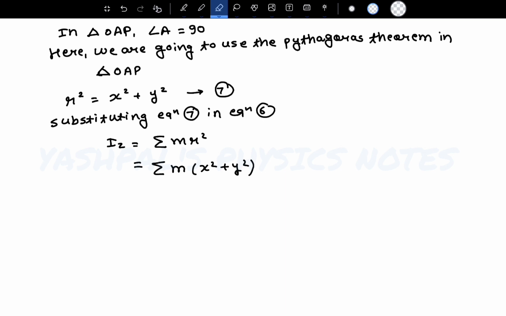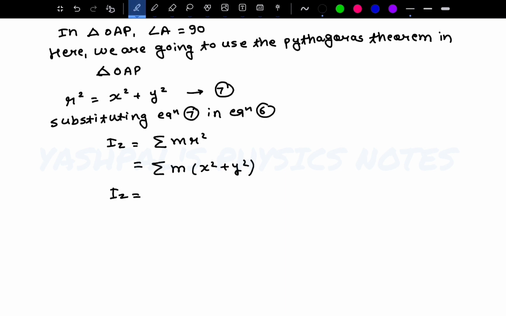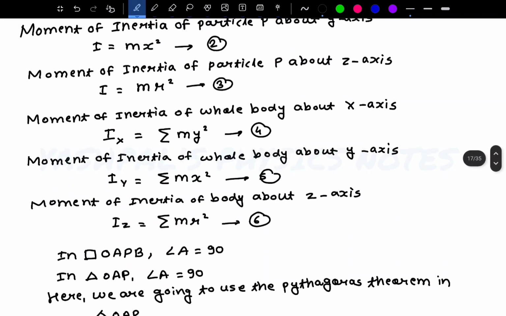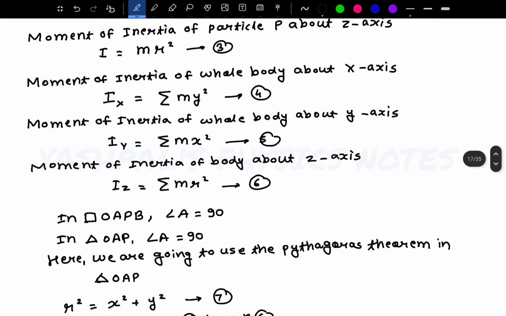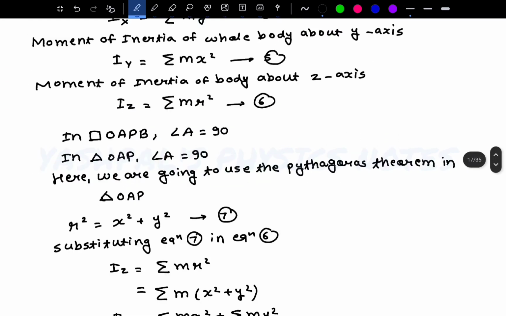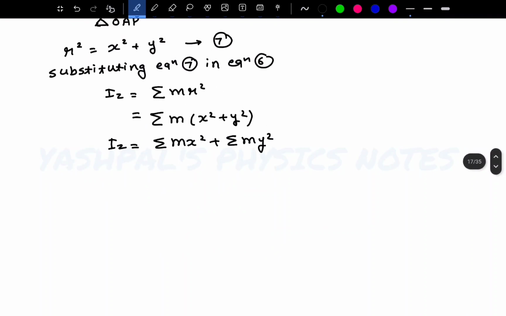Here I can separate out these terms and write it as Iz equals summation of m x square plus summation of m y square. But we know that summation of m x square is nothing but the Iy from equation 5, and summation m y square is Ix from equation number 4.